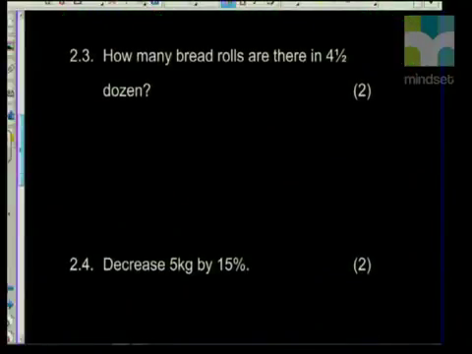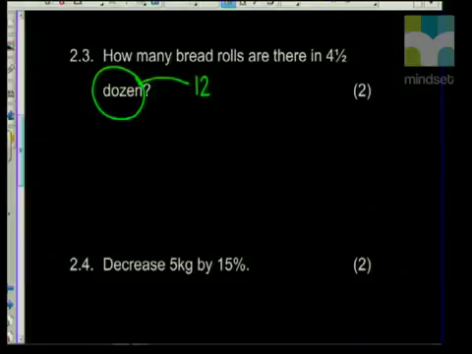Right, the next question. It says, how many bread rolls are there in 4.5 dozen? Now, dozen is a word that all the examiners are presuming that you know. You need to know that that is 12. So this could be related to eggs, this could be related to bread rolls, this could be related to a few other things.